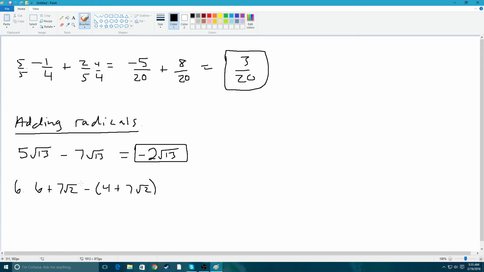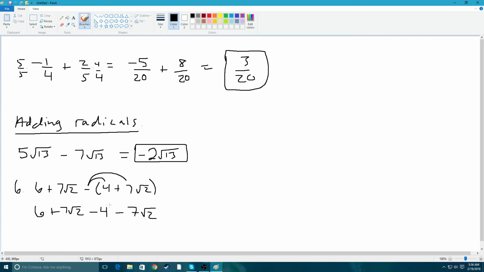Because we have this negative in front of the parentheses, this negative has to distribute. So 6 plus 7 root 2. Negative times 4 is a negative 4. Negative times 7 root 2 is minus 7 root 2.